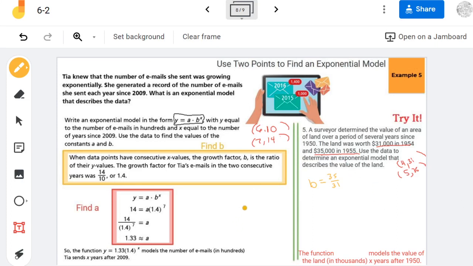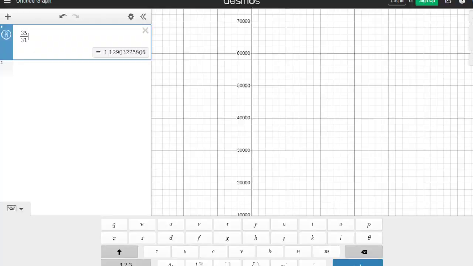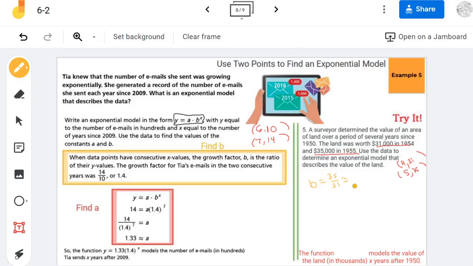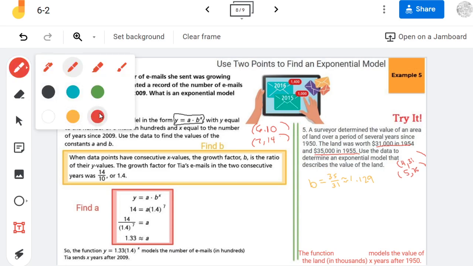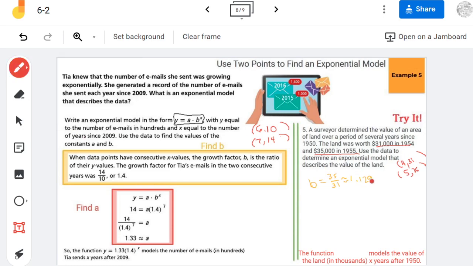Now I can round that to decimals, 1.129. When I go to calculate A, I'm going to keep it as 35 31st, just because when you round, it really changes things. But when I go to plug it into the equation, I'm okay with leaving it as 1.129, okay?